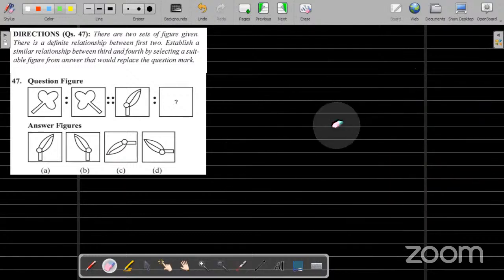Now, question figures. There's a definite relationship established between the first two. First two means these two. This is the first one. This is the second one. This is the third one and fourth one. Between third and fourth, there has to be a similar kind of relation. So if you look at the first and second one, you can easily see that the second one is a mirror image of the first one. So the fourth one has to be the mirror image of the third one.